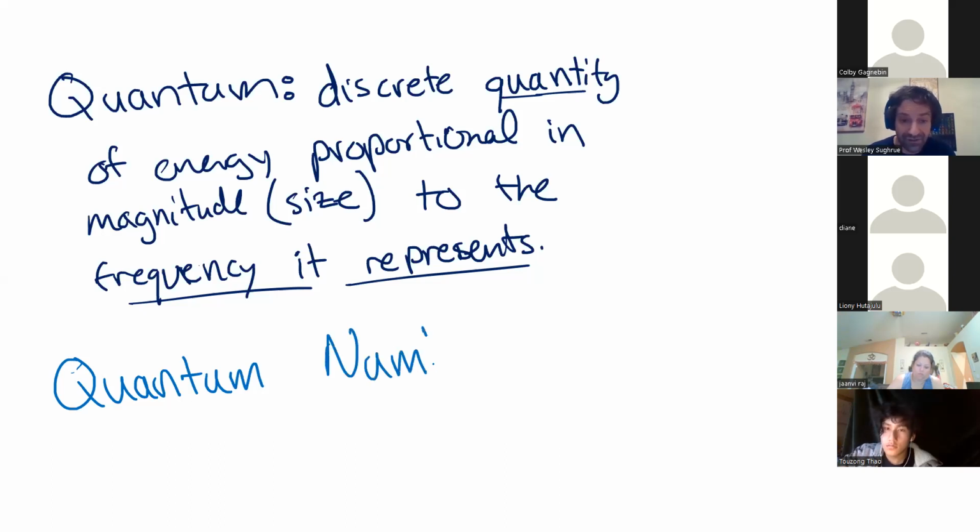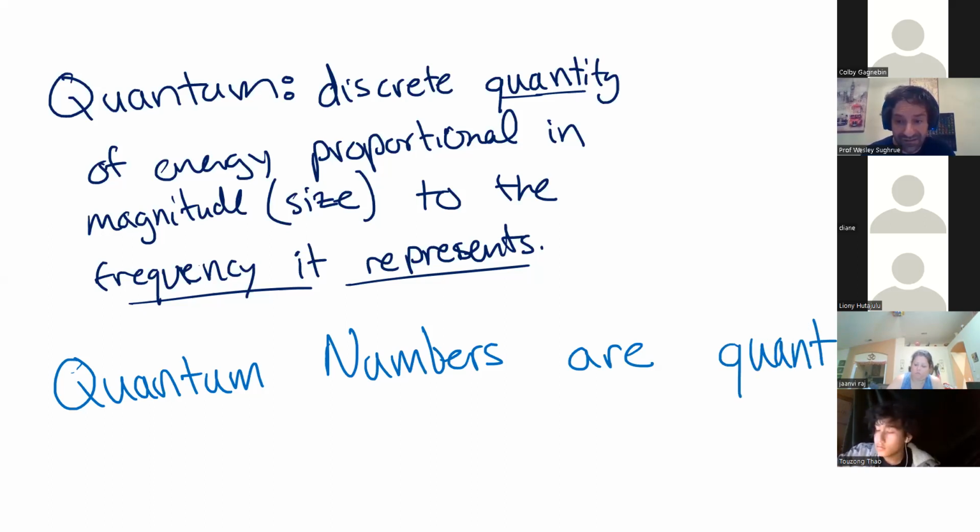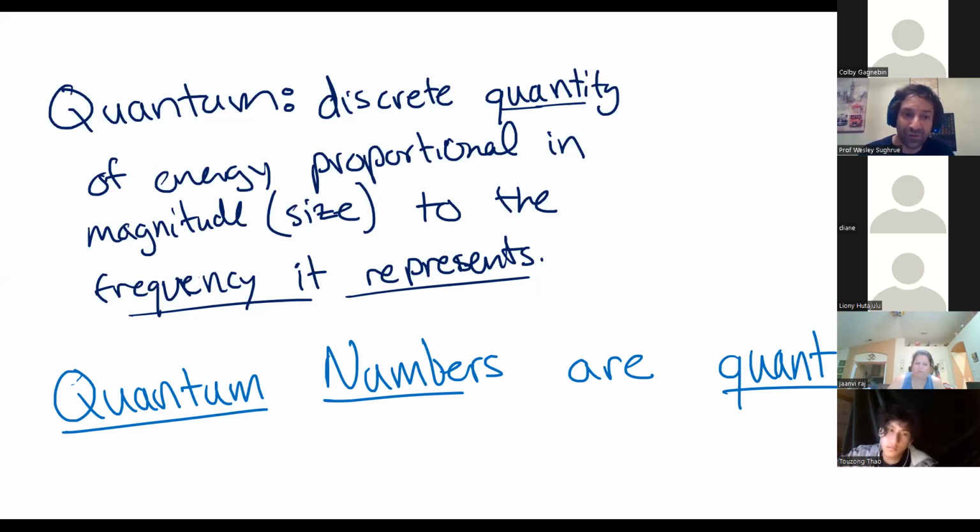The quantum numbers are quantized. Okay, the quantum numbers, those three numbers that arrive from the equation, are quantized. And the reason I say it that way is because the word quantized, honestly, is easier, I believe, to grasp. What does it mean to be quantized?